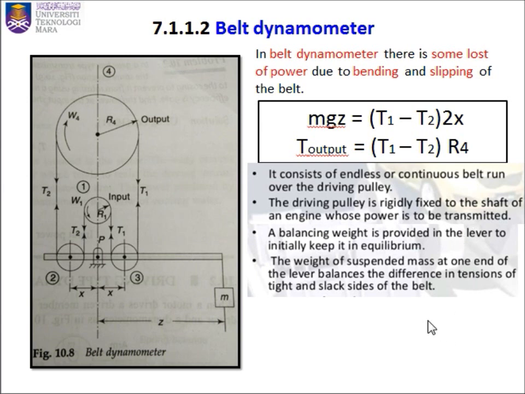A balancing weight is provided on the lever to initially keep it in equilibrium. The weight of the suspended mass at one end of the lever balances the difference in tension of the tight and slack sides of the belt. As you can see here, this is the balancing weight, and the driving pulley is rigidly fixed to the shaft.